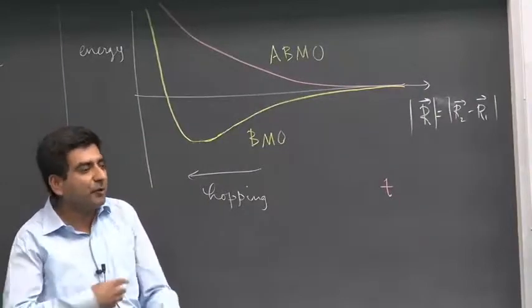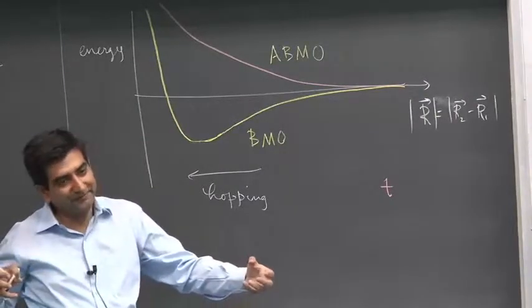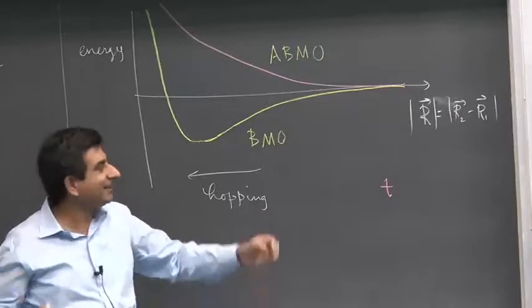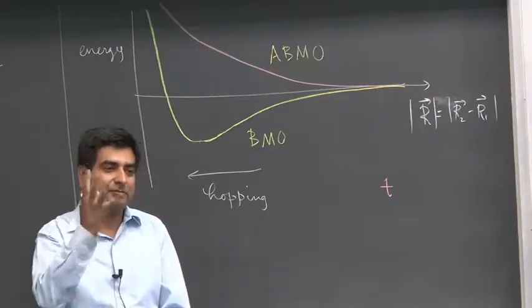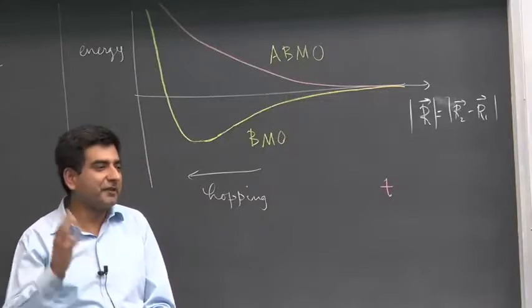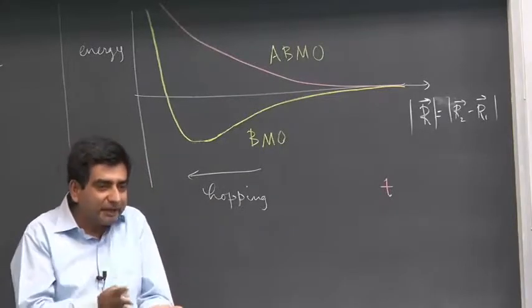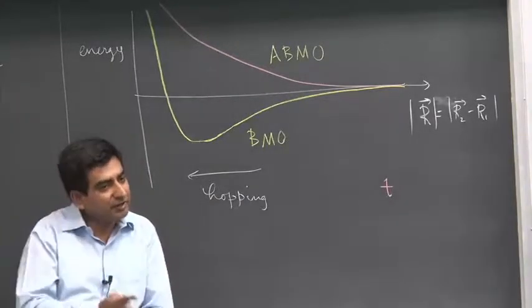Now, when we talk about chains of atoms, there is the possibility that these energy levels change in such a way that bands are formed. So now I am actually giving you a lecture on condensed matter physics. I am telling you how bands are formed through the tight binding model.